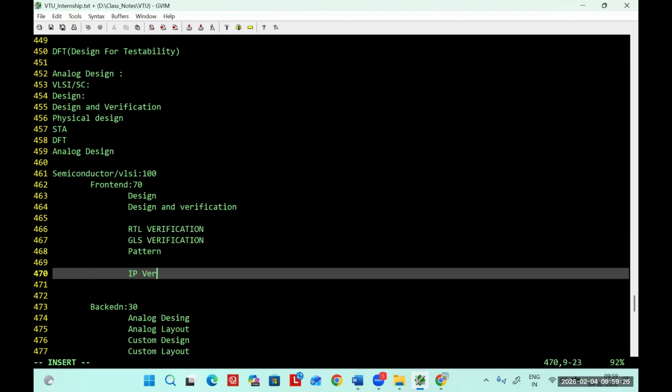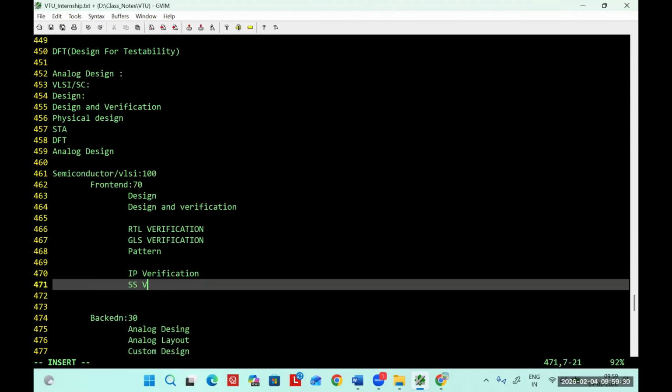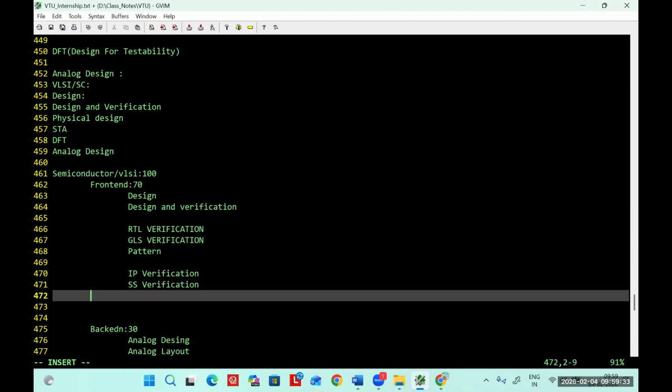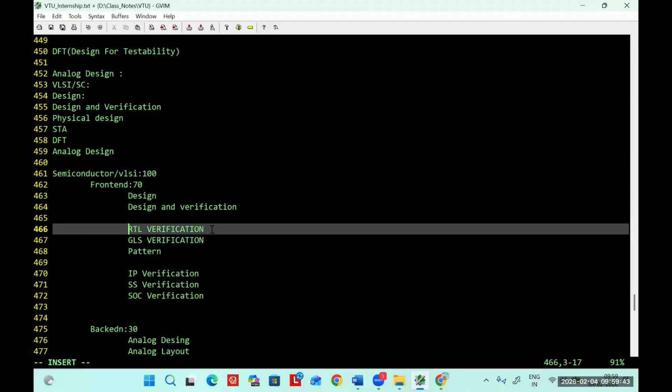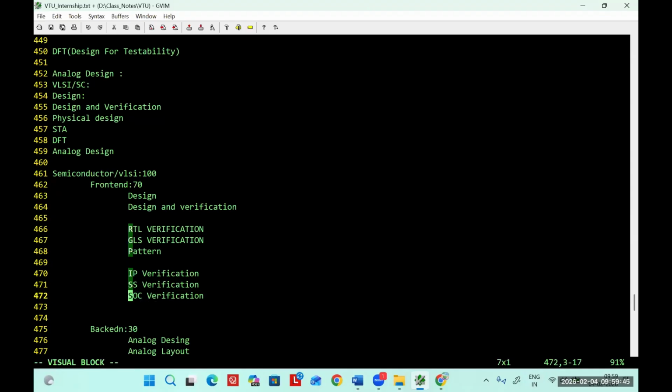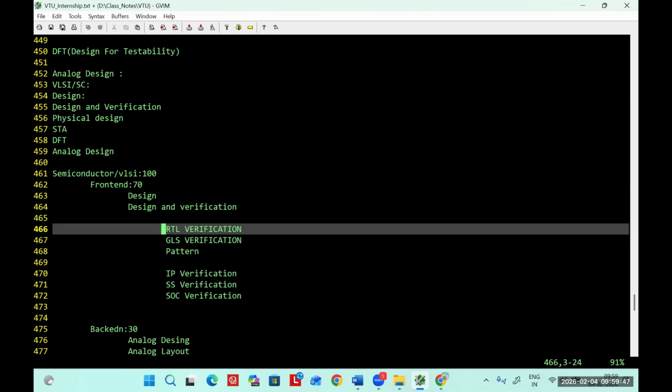Then IP verification, then subsystem verification, then SOC verification. Another way of classification. So verification can be classified in two different manners: RTL, GLH, pattern. One more way of classification is IP, subsystem, SOC.